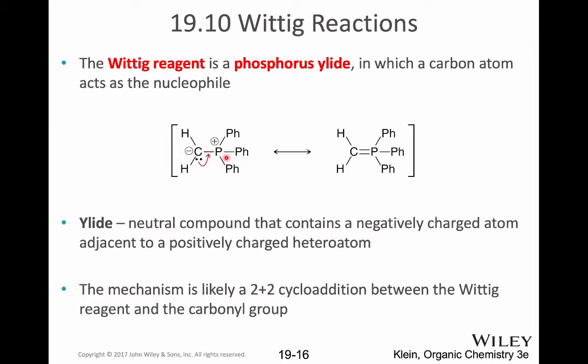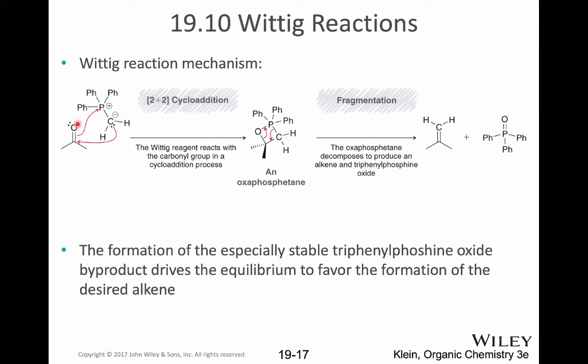And so with this phosphorus ylide, what probably happens in this mechanism is a 2+2 cycloaddition between the ylide and the aldehyde or ketone. If you think about the carbon being nucleophilic here, it's going to attack this electrophilic carbon, and then as this attacks, these electrons are going to kick up and attack the positively charged phosphorus in a 2+2 cycloaddition.